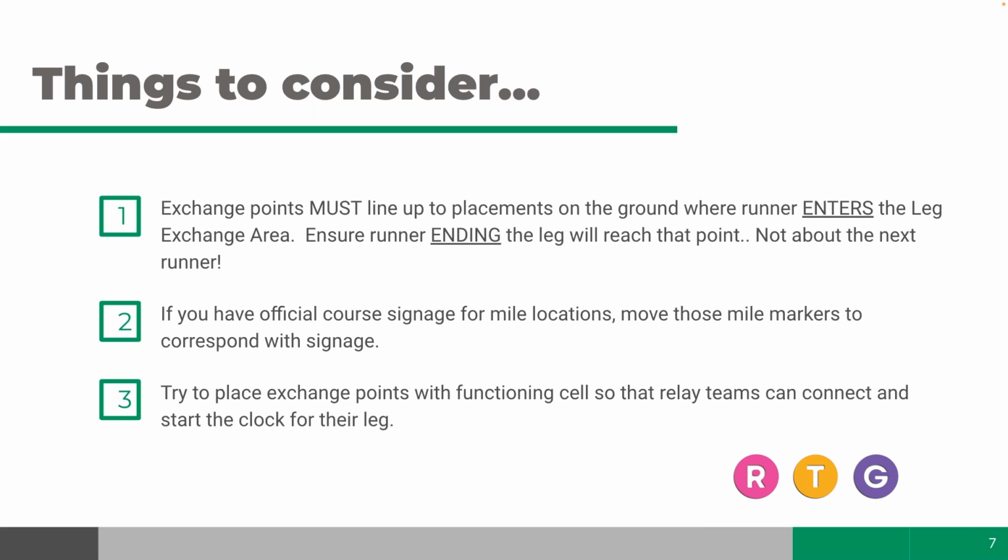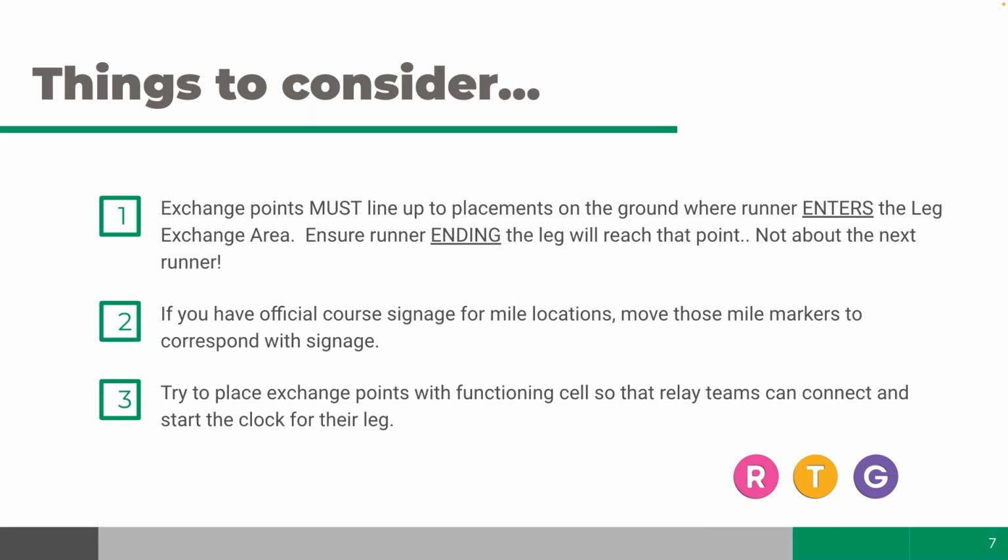So if you are moving your points based upon an official marathon and a marathon relay, absolutely do that. That gives the best experience for participants, because when they're seeing that signage, they're getting those alerts, and it makes them feel like it's all very connected and real. So if you're doing any kind of relay with a marathon, you would definitely want to move those markers to be based on the certified points.